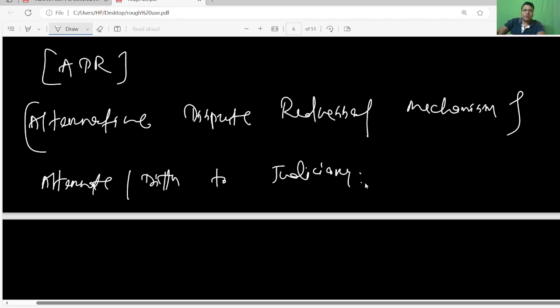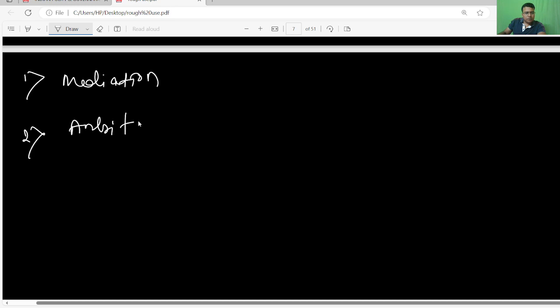In the alternative dispute redressal mechanism, there are some techniques like mediation, arbitration, conciliation.